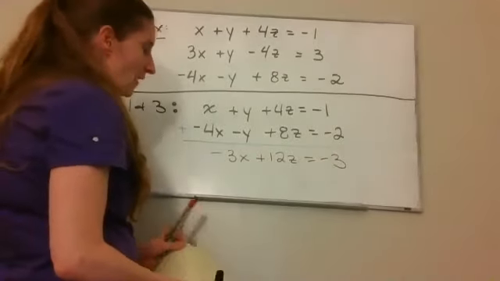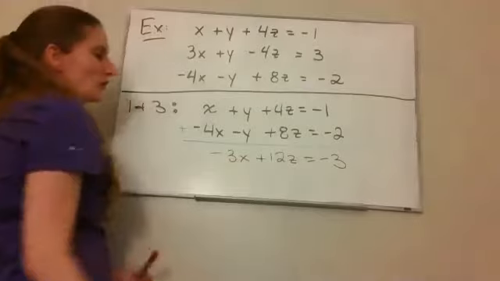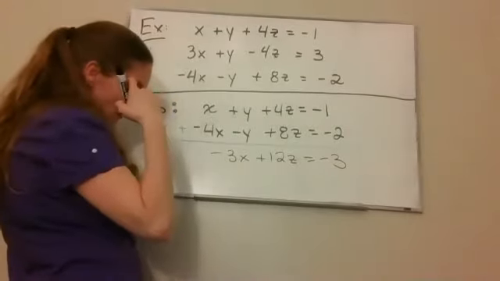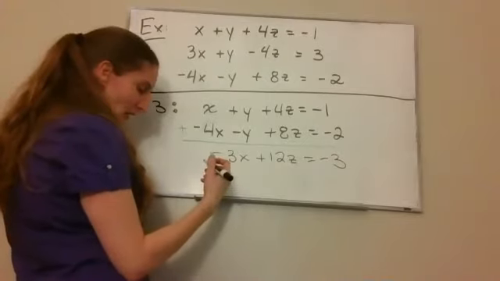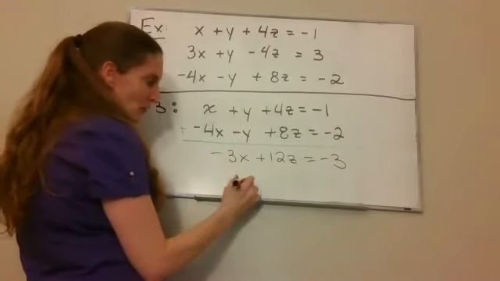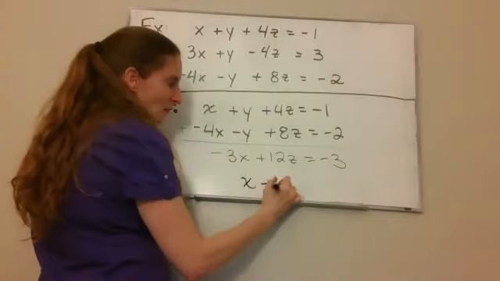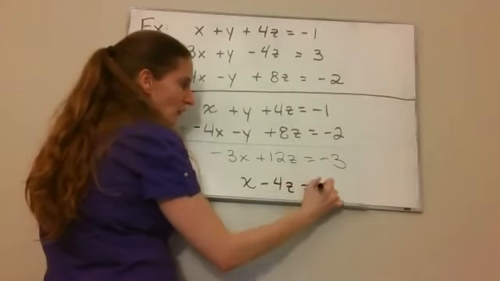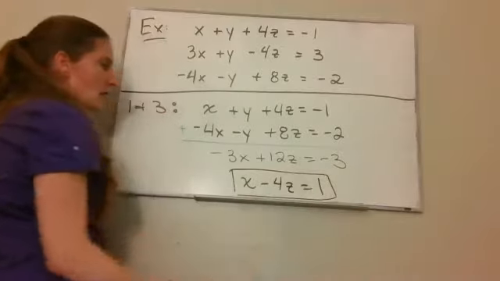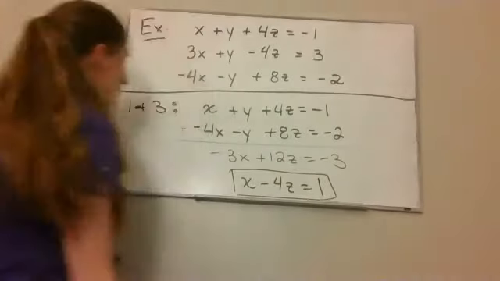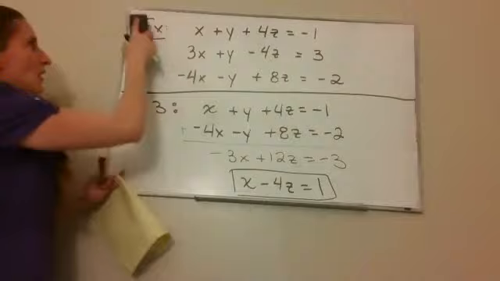Notice already that all of these are multiples of 3, and in fact multiples of negative 3. So I'm just going to divide all of those by negative 3 to get x minus 4z equals 1. All right, so that's what I get from looking at equations 1 and 3.